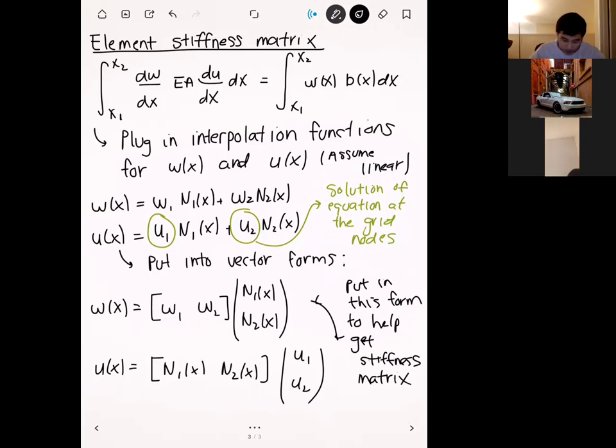Okay. All right. And so that's the W and U functions by themselves, but we also need to take their derivatives in order to actually plug it in. Right? And so let's find derivatives of U of X and W of X. Okay.